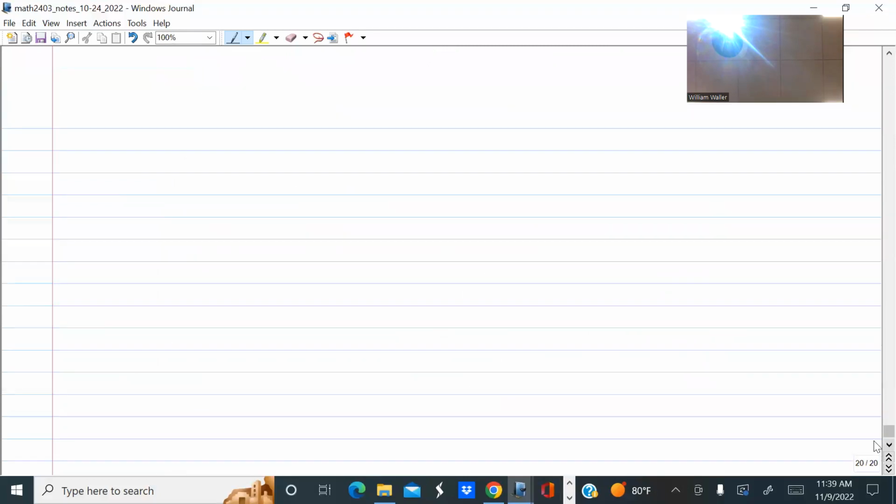All right, so let me go to the bottom of the notes here. Let me see if I can write down that formula. So z was what, minus 4x over x squared plus y squared plus 1.